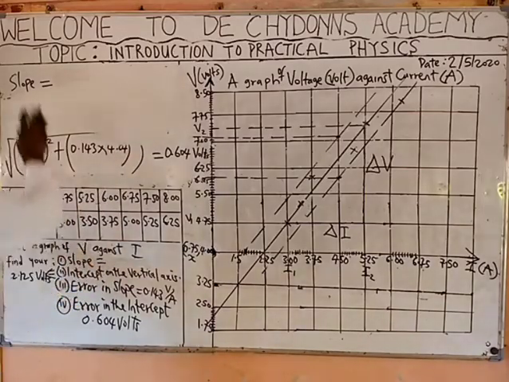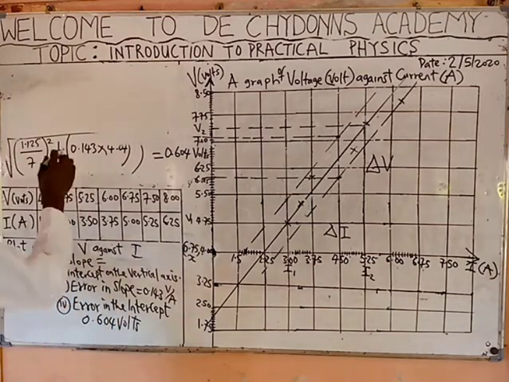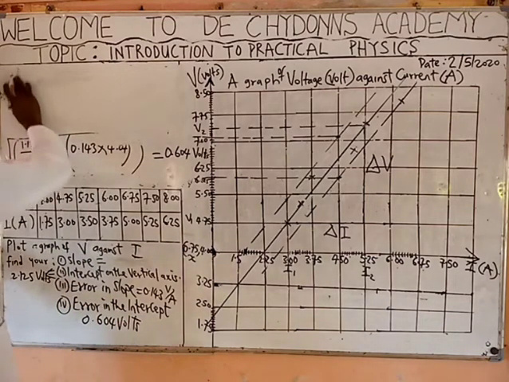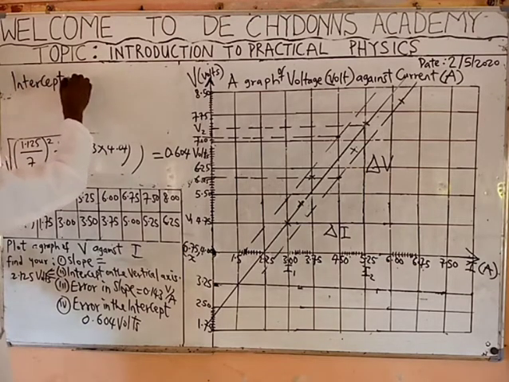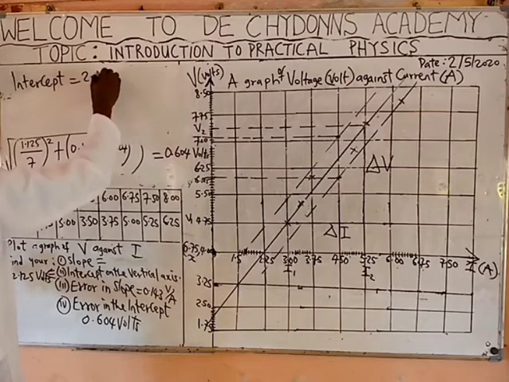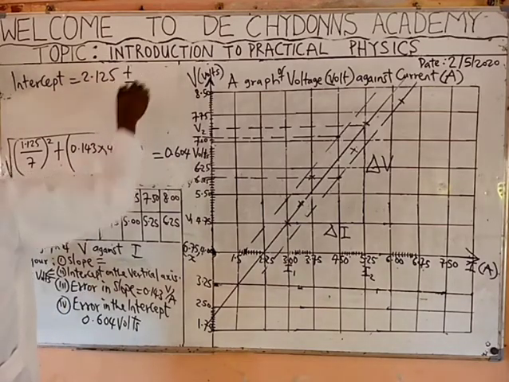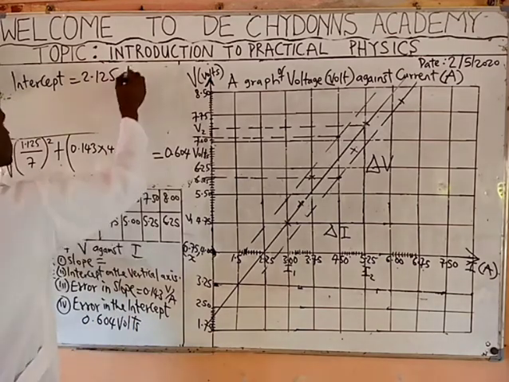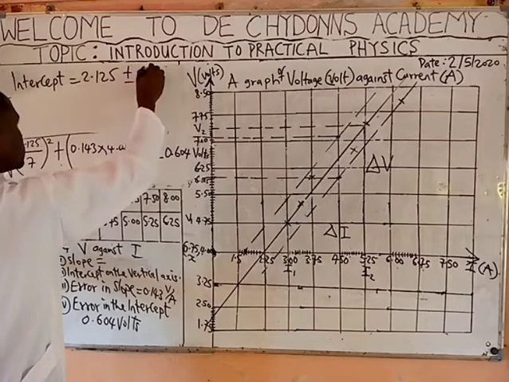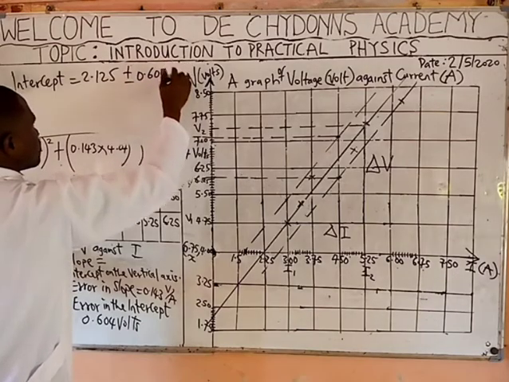But note that your intercept equals 2.125, then plus or minus the error in the intercept, 0.604 volts.